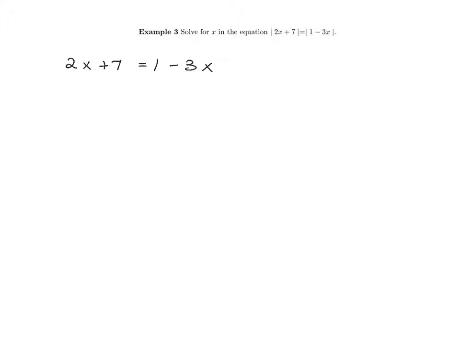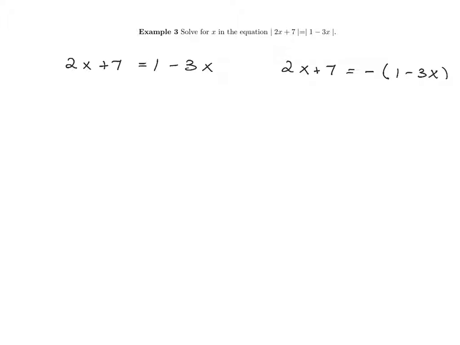So if you want to see what another equation would be that would give you a second solution, here's one, where 2x plus 7 is equal to the negative of the other side. In this equation, you're saying, well, I'm taking the absolute value of one number, but if you take the absolute value of its negative, they're going to be the same thing.